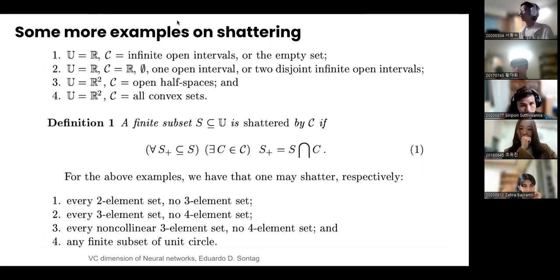So if you can learn half spaces, then you can also learn convex sets. And if you can only learn convex sets, that does not necessarily mean that half spaces are sufficient. This is reflected at the bottom of the slide, where various VC dimensions are mentioned for these kinds of ranges.